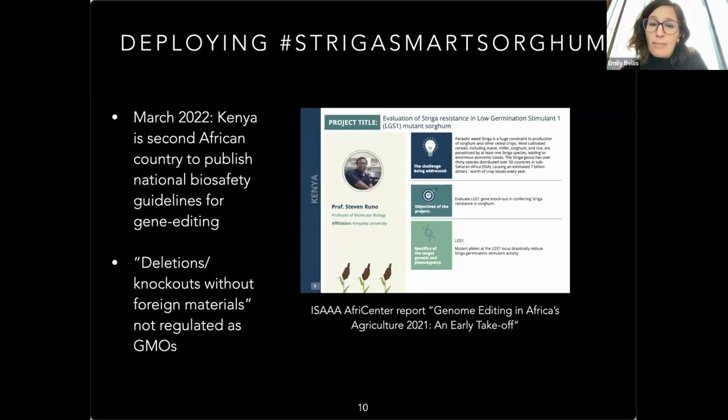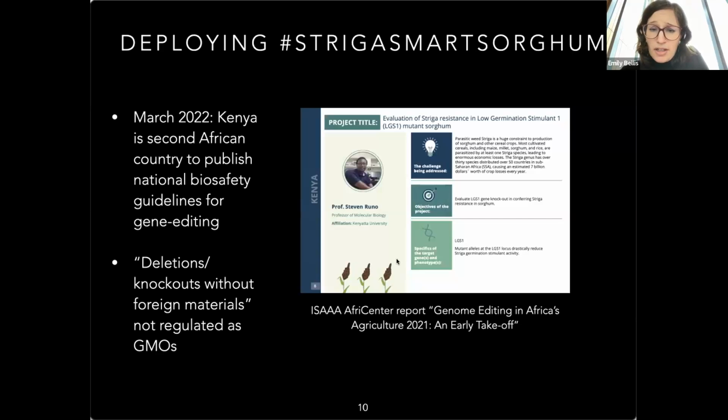But essentially, we're able to now use gene editing to take farmer-preferred varieties and introgress this loss of function LGS1 mutation. So this is a pretty exciting development now, to be able to deploy many of these more Striga-resistant sorghum varieties.